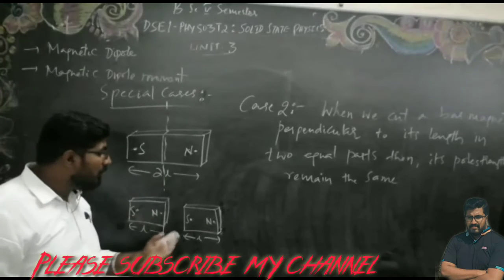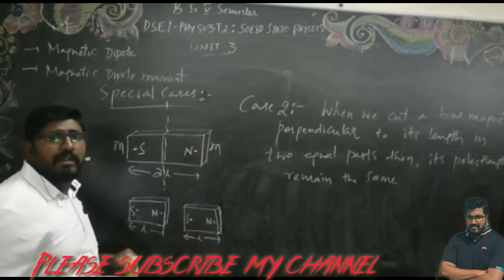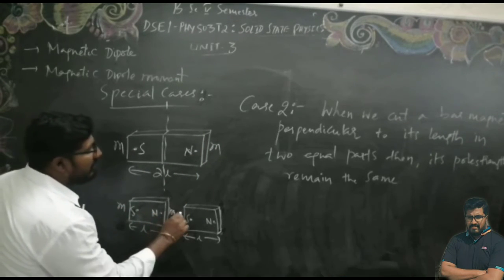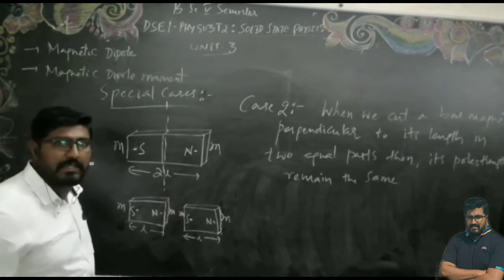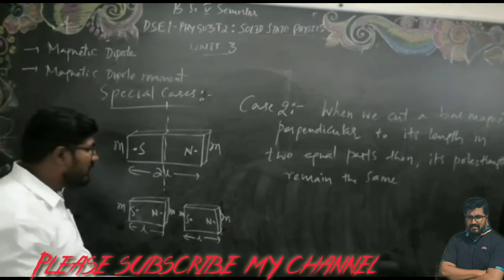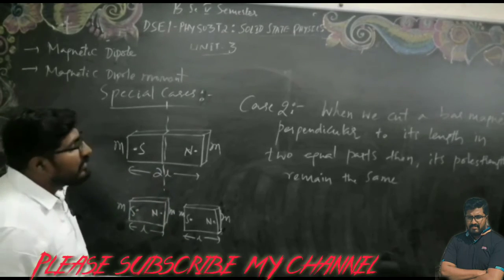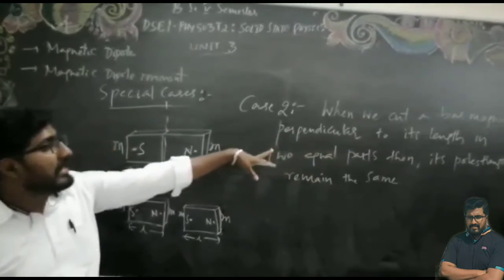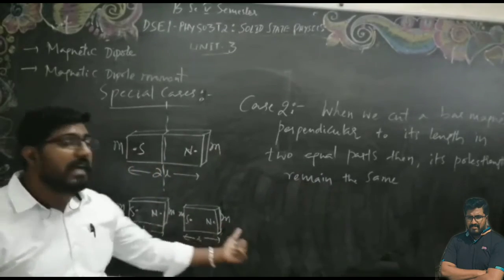When I cut, what happens? This m is our pole strength. Here the pole strength is m itself, and the pole strength of the other magnet is also m. That means there is no effect on the pole strength when we cut perpendicular, because here the length, instead of 2L, has become L. Therefore, case 2 tells us that when we cut a bar magnet perpendicular to its length into two equal parts, the pole strength remains the same.